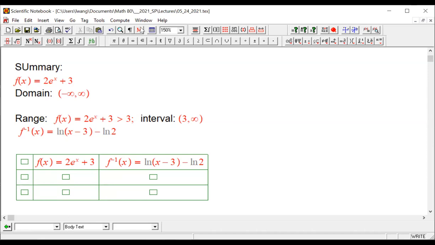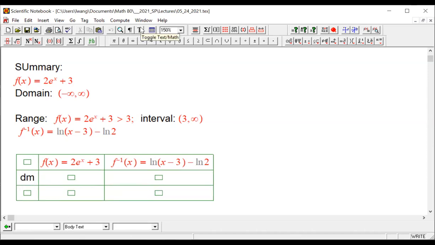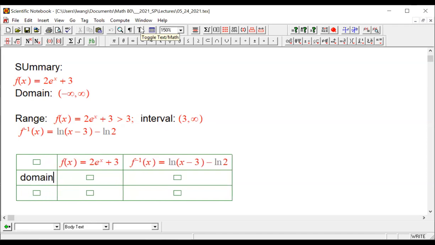And their domain, range. The domain for this function is from negative infinity to positive infinity.